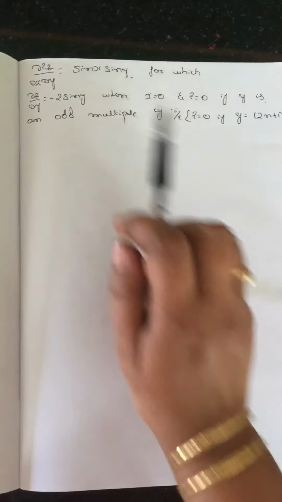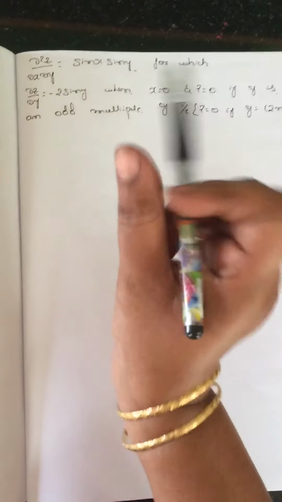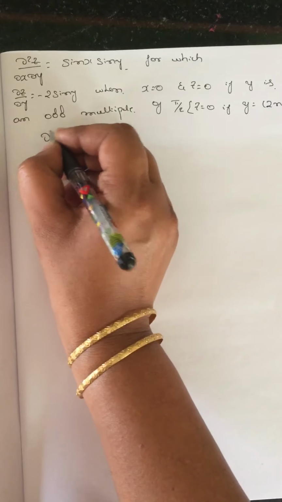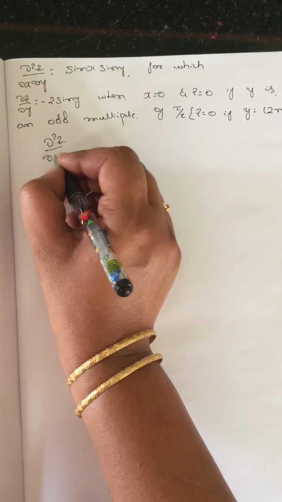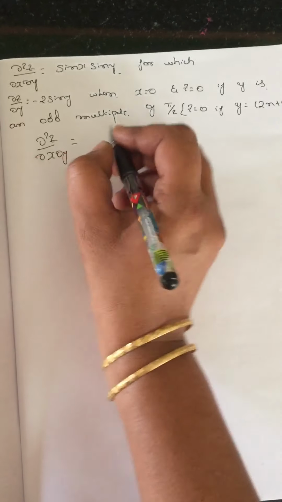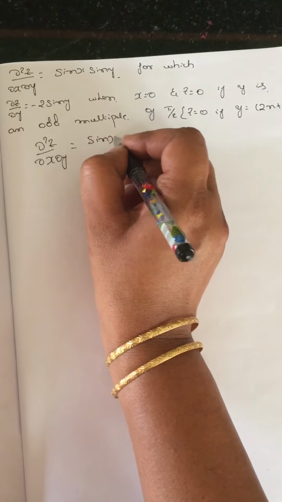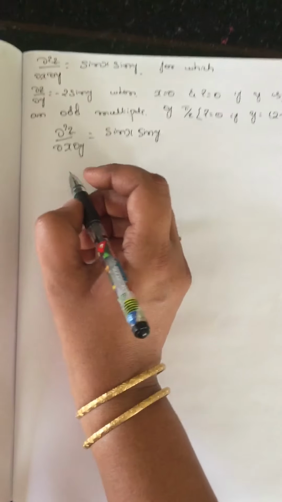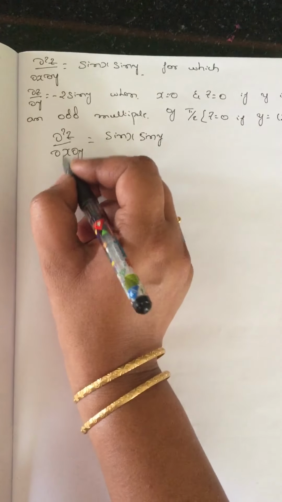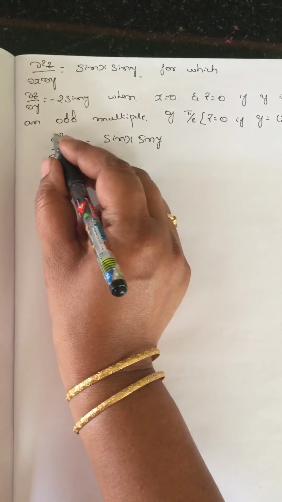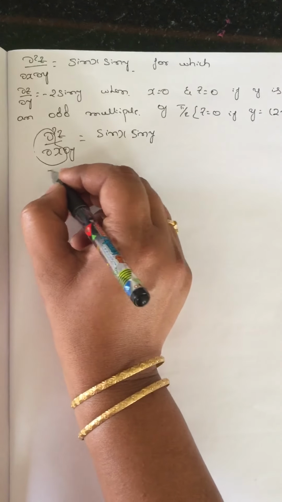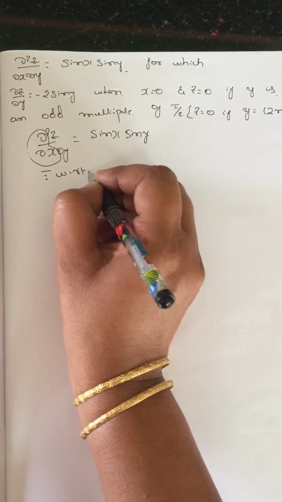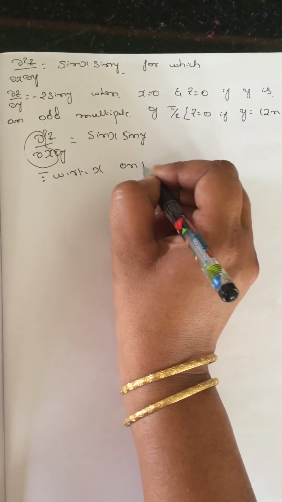So first we solve this equation, first find the z value. Now the equation is del square z by del x into del y, which is equal to sin x into sin y. First we need to eliminate del by del x, that is, integrate with respect to x on both sides.